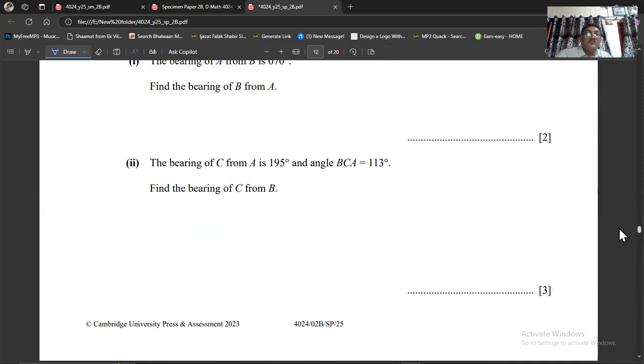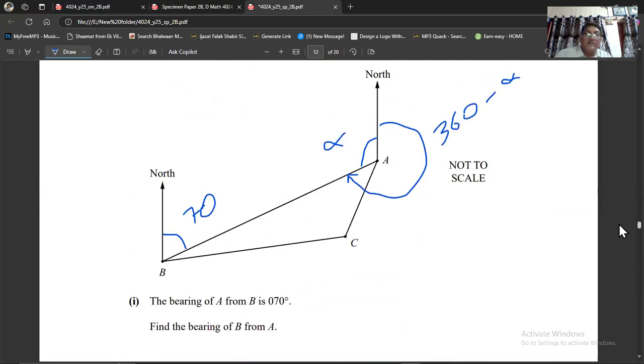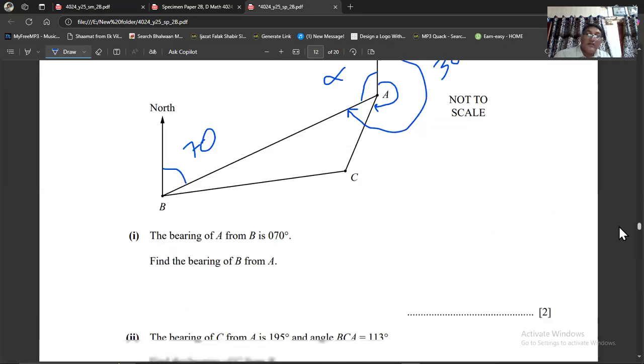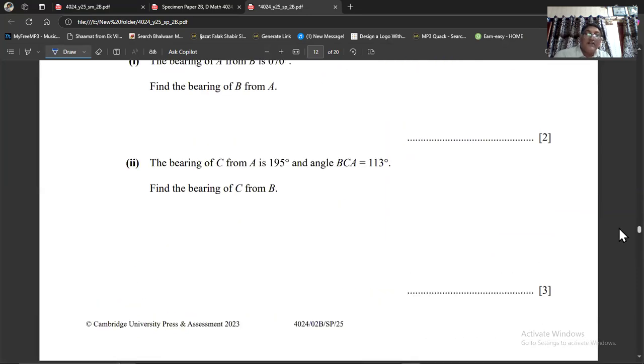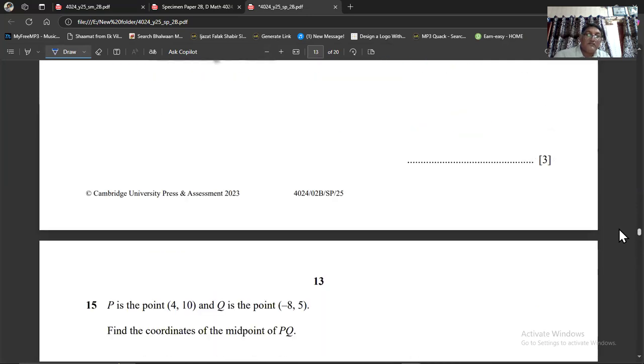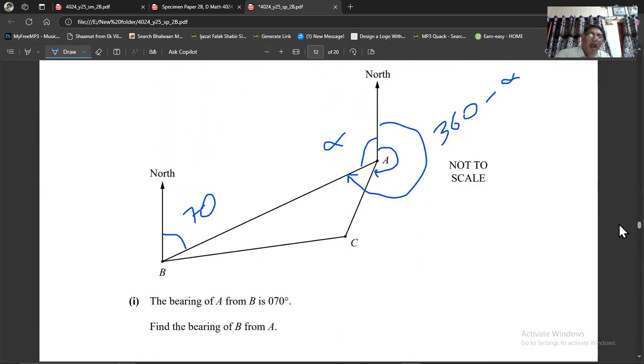We know the bearing of C from A, so now I know this angle. This angle is given. This angle is how much? 195. I know this angle from the bearing of B from A. I will subtract 195, so I will be able to find out this angle.